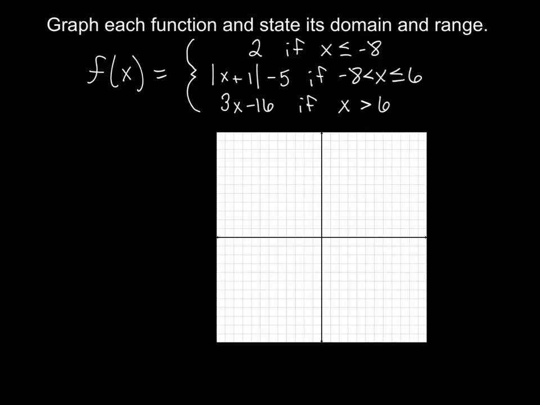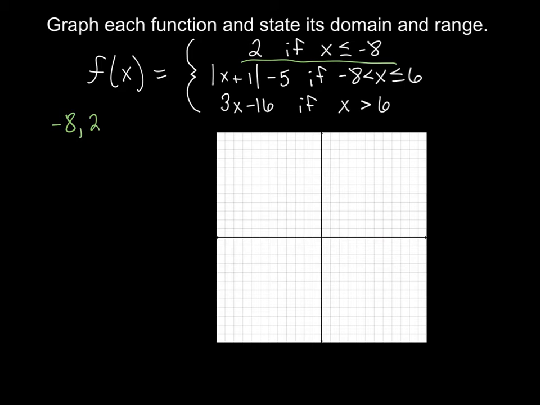Okay, here's another type of piecewise function. For each piece, it gives us a domain. So for the first piece here, it says f of x, or y, equals 2 if x is less than or equal to negative 8. So that one point there would be negative 8, y is 2.